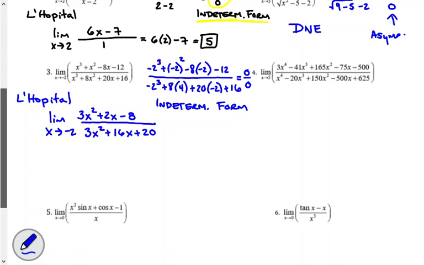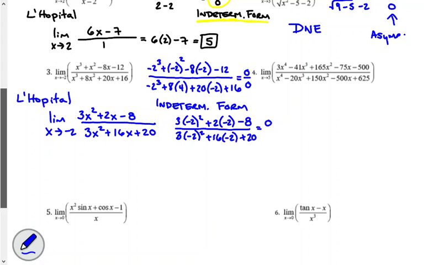All right, so now let's go ahead and plug in. Don't put an equal sign, just plug in right now. So 3 times negative 2 squared plus 2 times negative 2 minus 8 over... okay. And what do you get there? You still get 0.